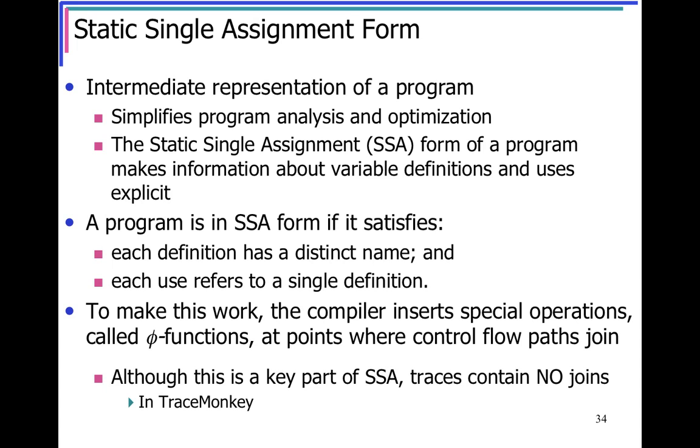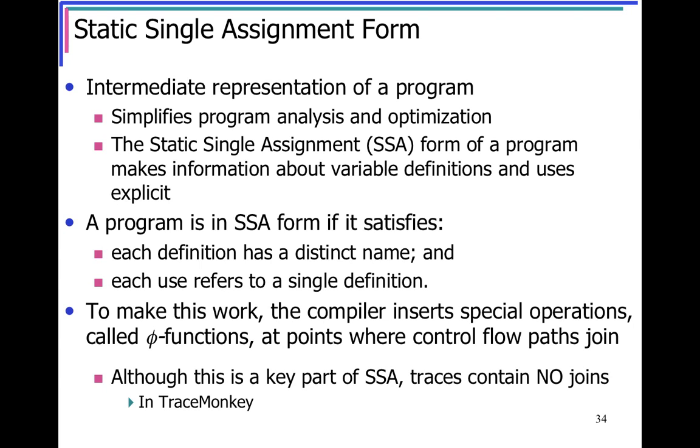A program is in SSA form if it satisfies the following two properties. That is, each definition, each assignment into a name, has a distinct name. This is similar to the idea of using an infinite number of symbolic registers that we discussed in a prior lecture on compiler optimization.